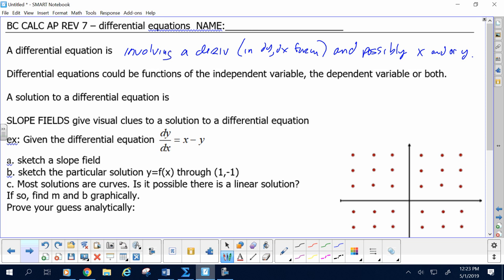So for example, dy/dx equals 3, that's a differential equation. dy/dx equals x plus y, that's a differential equation. It's a non-separable differential equation.